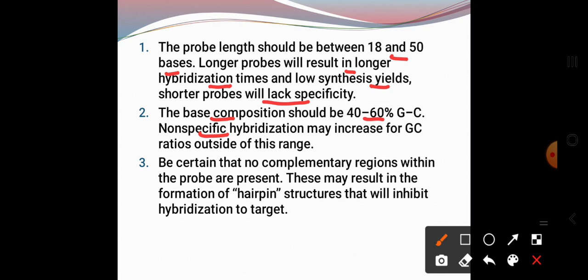The third guideline is to be certain that no complementary regions are present within the probe. Such regions may result in the formation of hairpin structures that will inhibit hybridization to the target molecule.